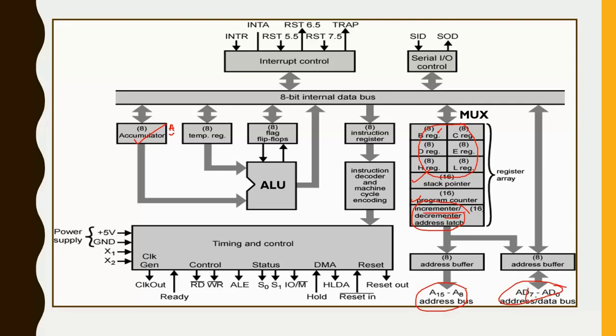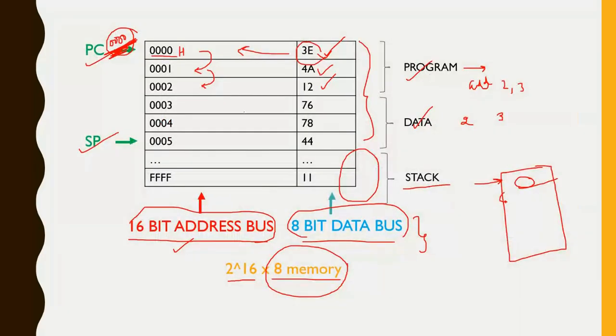Ignore this D for some time. So it is a 16-bit address, from A0 to A15. The address bus will contain the bits which are contained in the program counter. Let's say the program counter contains 0000, so that will be sent on the address bus.